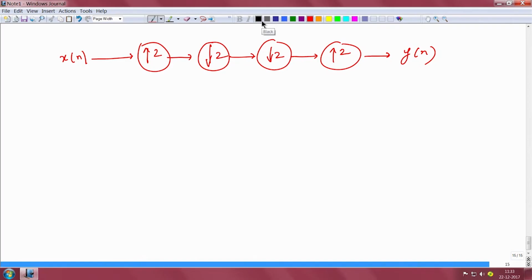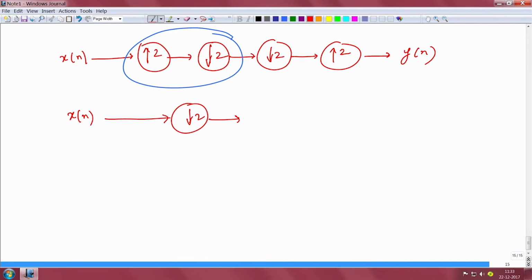Now, if you carefully see, this factor is also identity. The upsampling by 2 followed by a downsampling by 2 is again identity. So, this again simplifies our work and we get downsample by 2 followed by upsample by 2 followed by y[n].